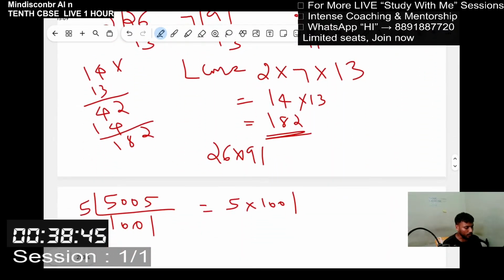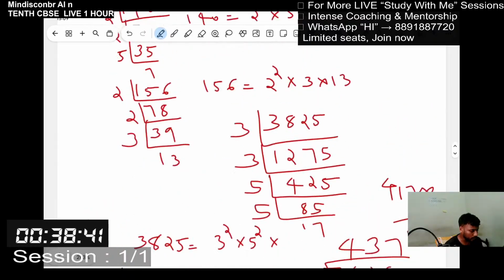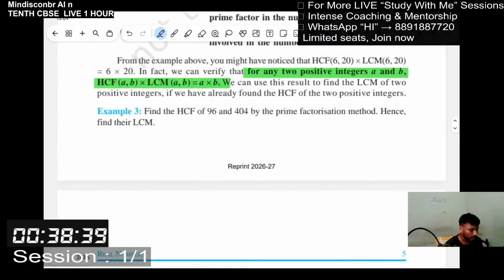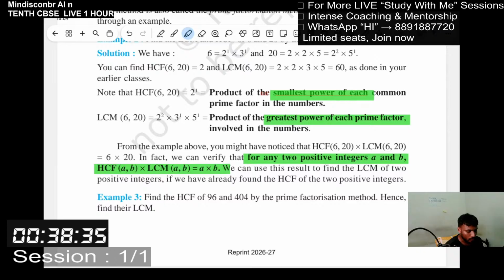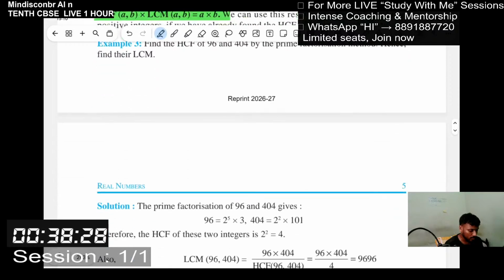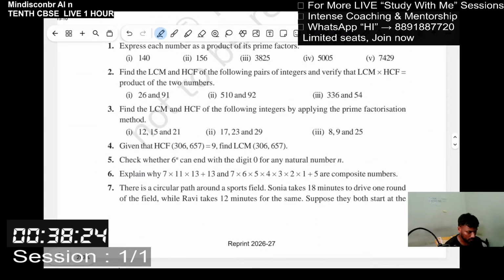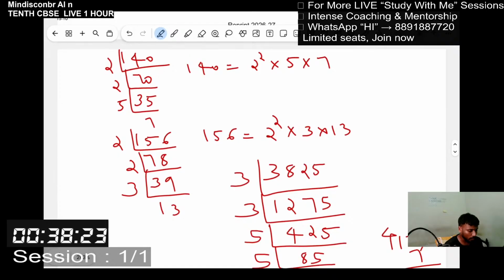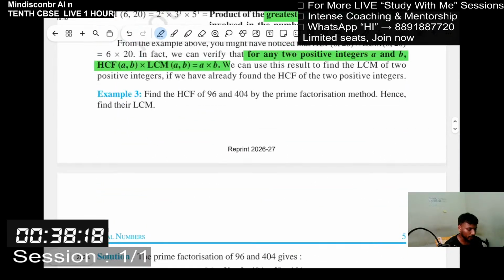And now we have to find HCF. Coming to the definition, what is HCF? HCF is the smallest power of each common prime factor in the given numbers. So here it is common. It's a definition that only common prime factors are required.